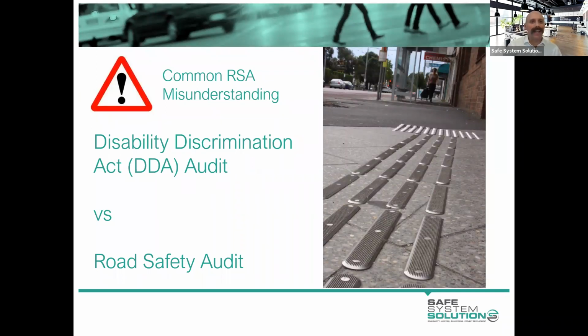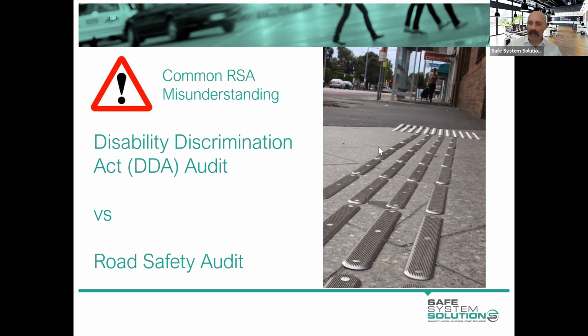A common misunderstanding, and I mentioned it earlier, is that the Disability Discrimination Act, the DDA audit, is a road safety audit, or that a road safety audit incorporates all those Disability Discrimination Act requirements. Again, it may be slightly different in different jurisdictions as to what it's called, but it's to ensure that pedestrians with all types of abilities, including those in wheelchairs and others, can access buildings and move around in buildings and move around the road network and the like.